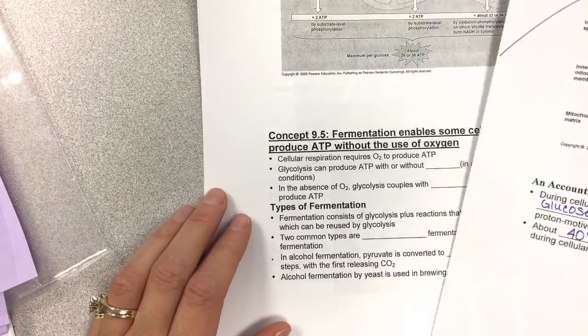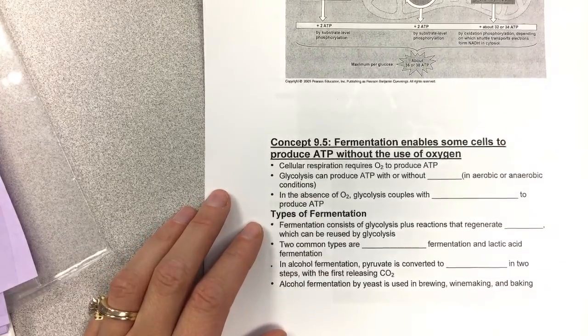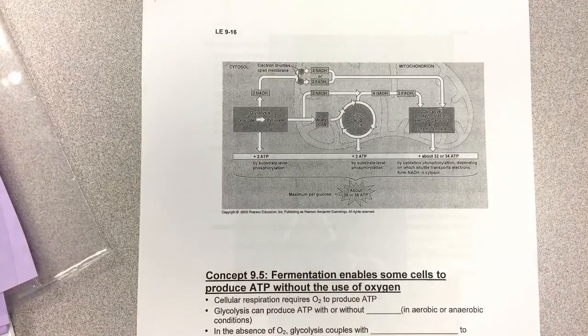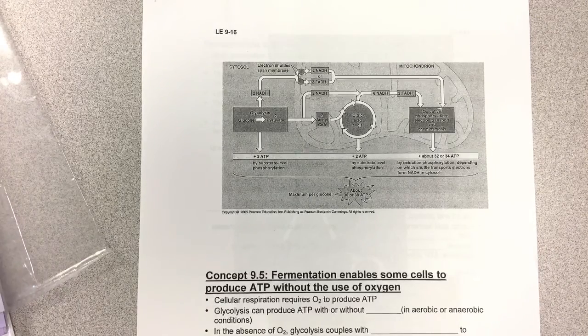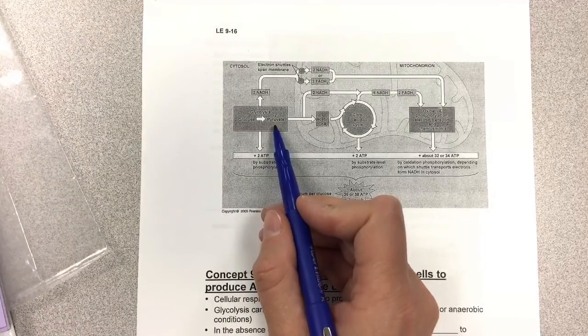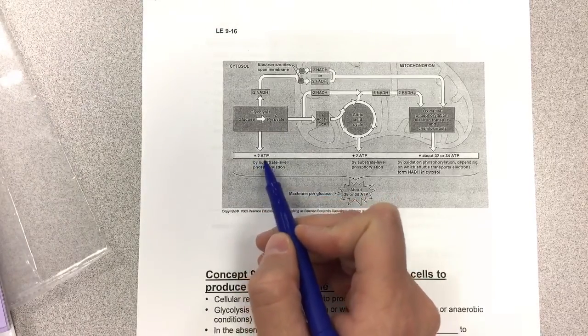But now we're going to take a look at something else. Look at this overview picture here. It pulls it all together for you. When we look at this overview, it shows glycolysis breaking glucose down into 2 pyruvate, generating 2 ATPs.